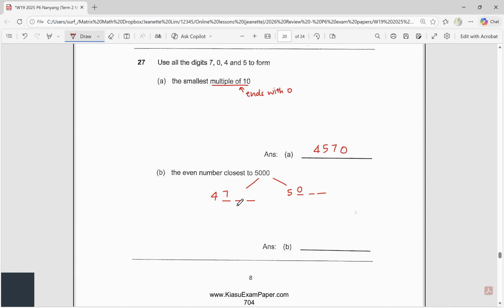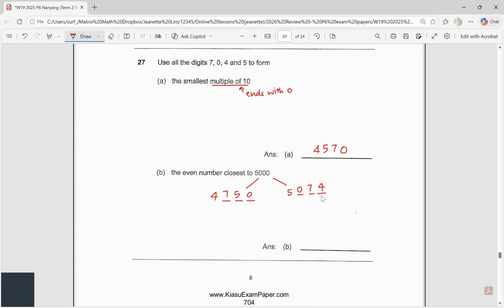In this first one, we're left with 5 and 0. If it's an even number, you have to end with 0. Okay, so 4750. For the number above 5,000, you're left with 7 and 4. How do you put 7 and 4 such that it ends up being an even number? So your 4, an even number, goes to the back. So you get this.